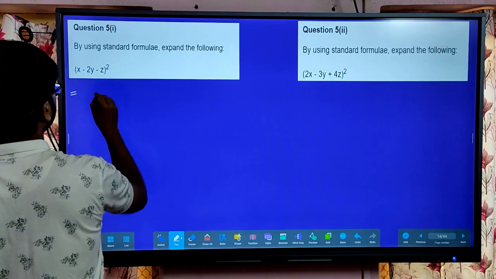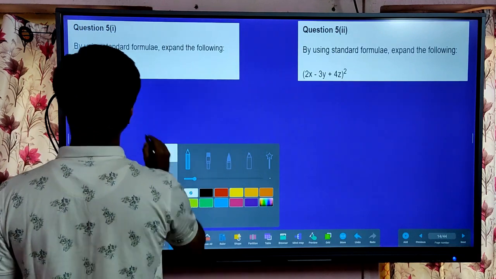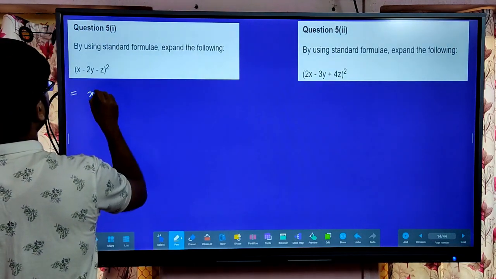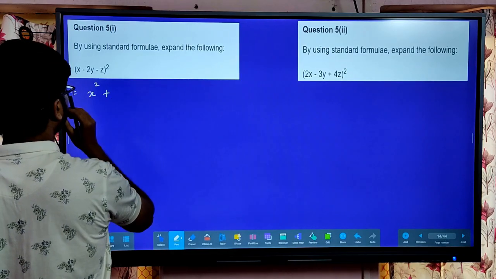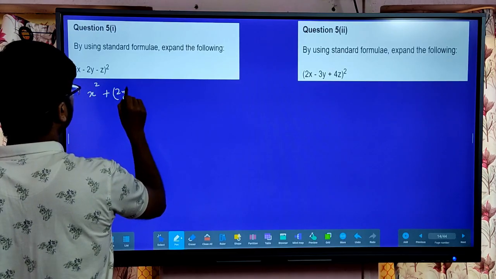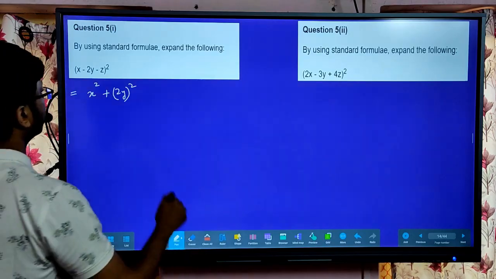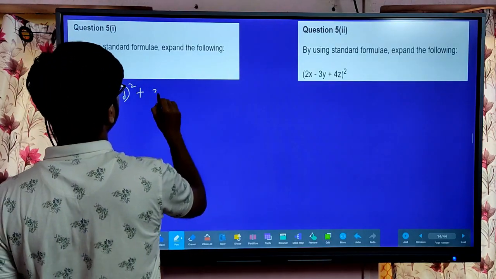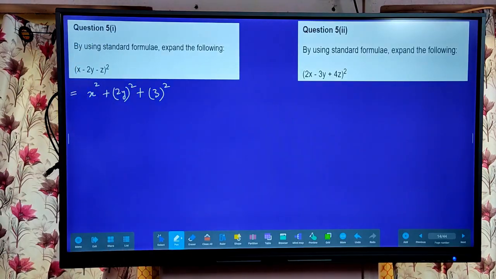So it will be x, just a minute. So it will be a square plus b square is just 2y. Don't consider the sign over here, for writing the plus. Plus z square. Okay, no sign consideration over here.